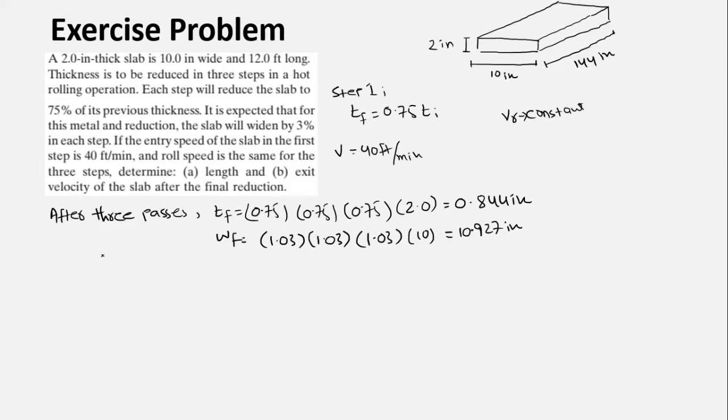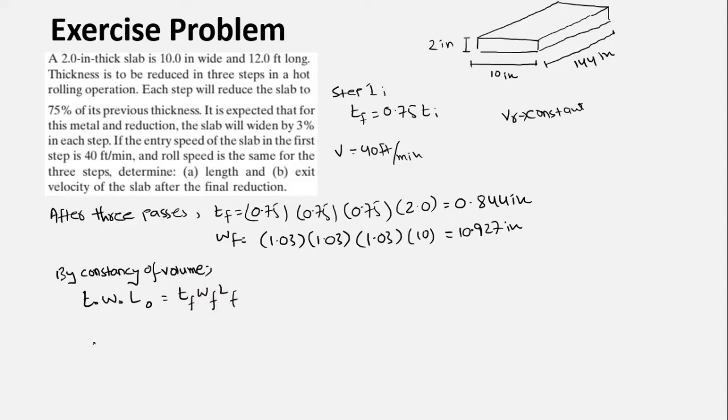As you know, by constancy of volume, we have T naught, W naught, L naught equals TF, WF, LF.